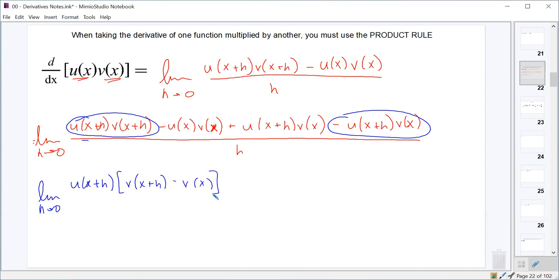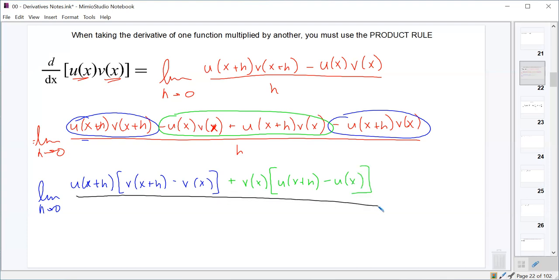We're also going to factor out the v of x from the second two terms. So plus v of x times u of x plus h minus u of x. And then this is all still over h.